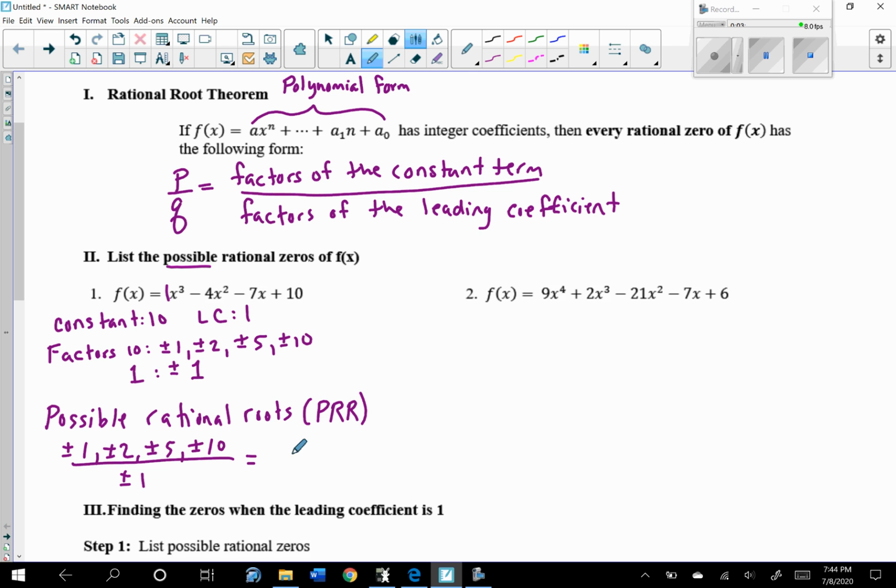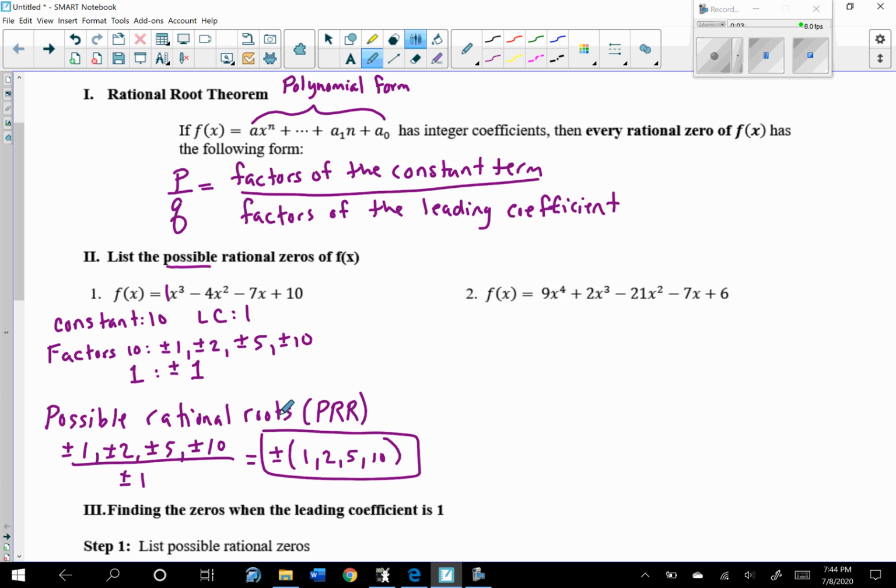When you write this out, that means you're dividing each of these terms by 1, so I'm just going to write the plus or minus in front and use parentheses: plus or minus 1, 2, 5, and 10. These are the possible rational roots. Doesn't mean they're the actual rational roots, which we'll talk about in just a minute.